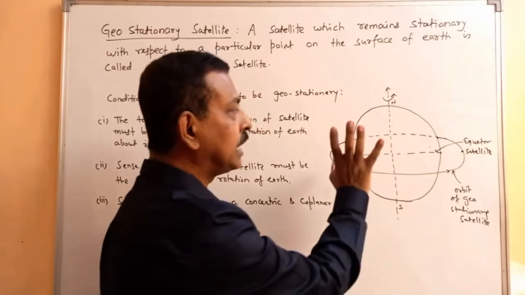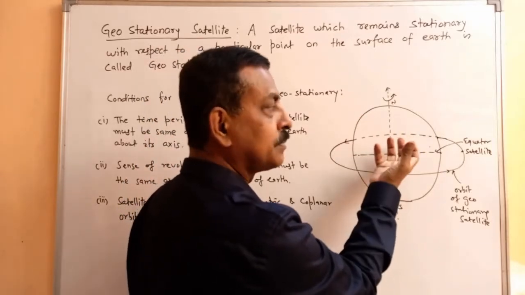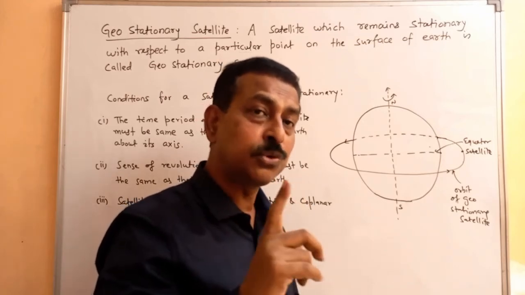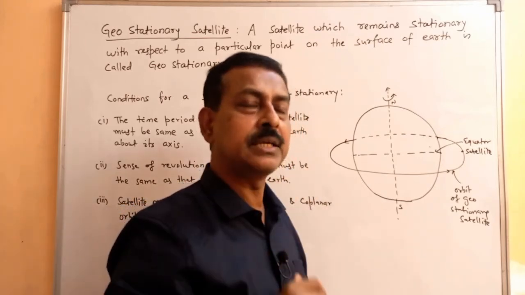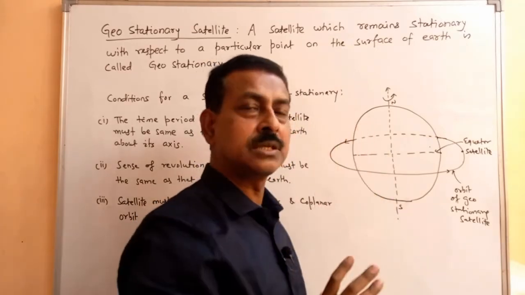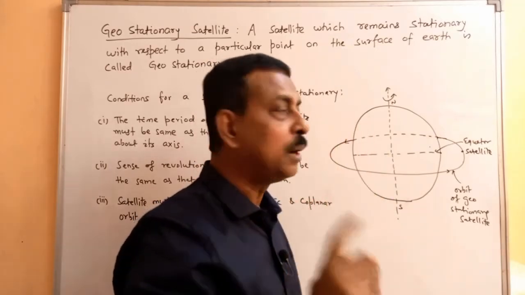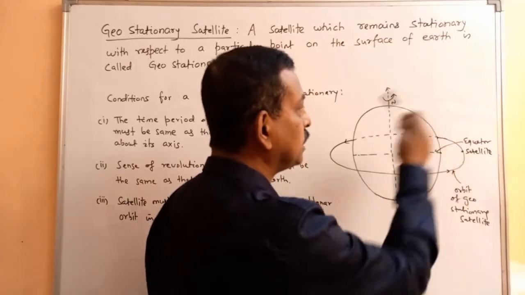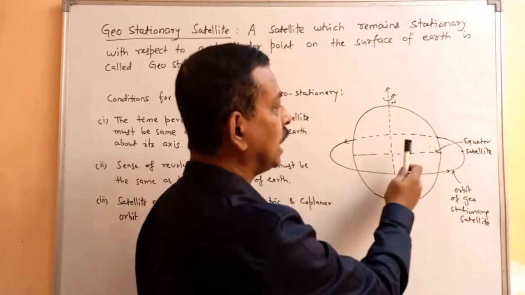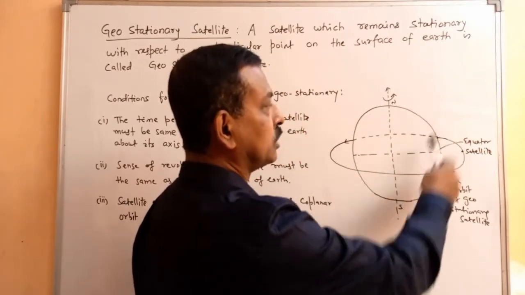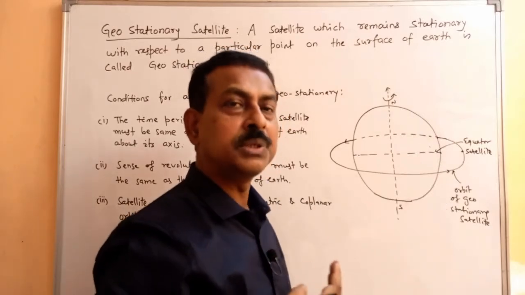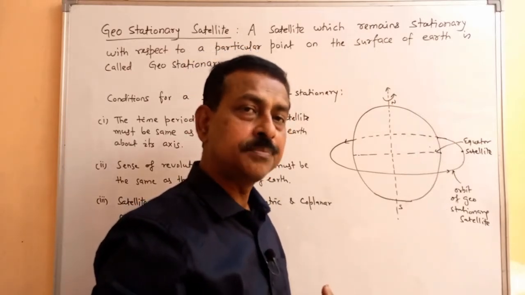Otherwise, just imagine that the Earth is rotating like this and the satellite has an orbit whose time period is 24 hours. It is also revolving, say, in the same sense. That means revolution and rotation have the same sense, but the satellite is orbiting in this direction, while the Earth is rotating about this particular axis. So obviously it will not be geostationary.